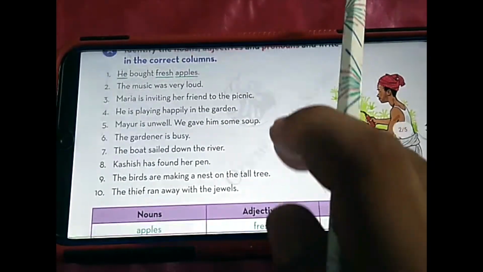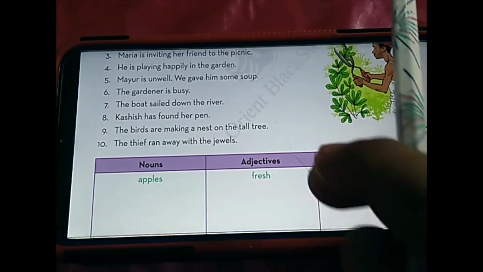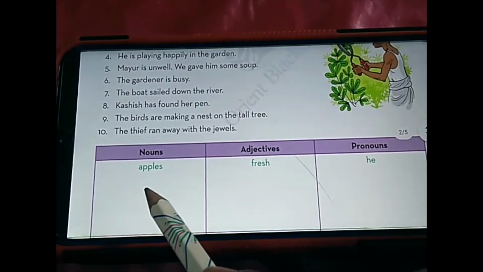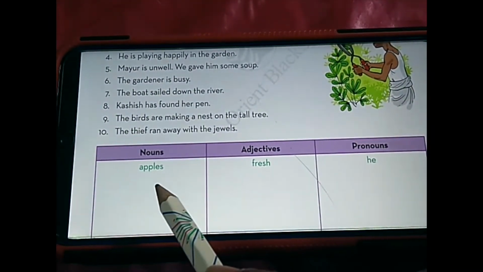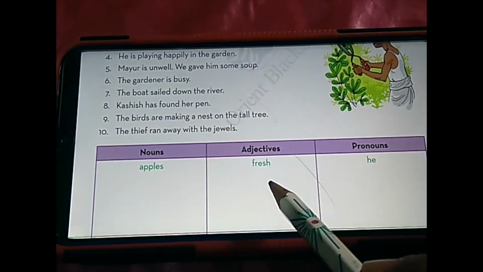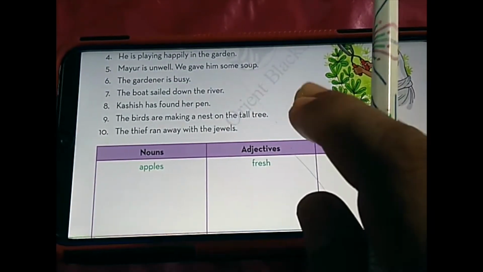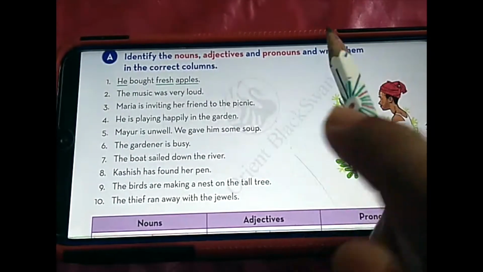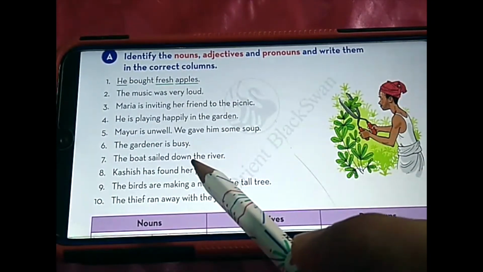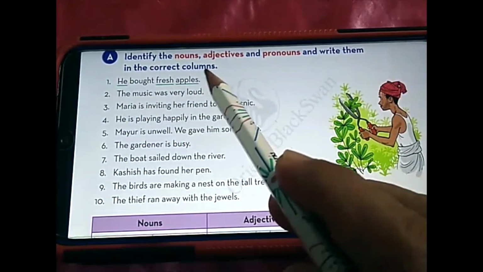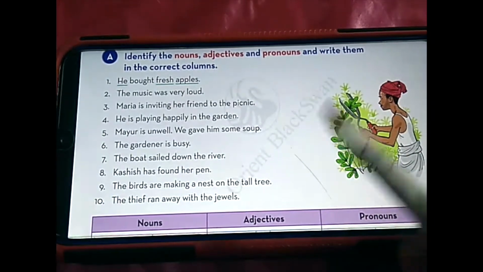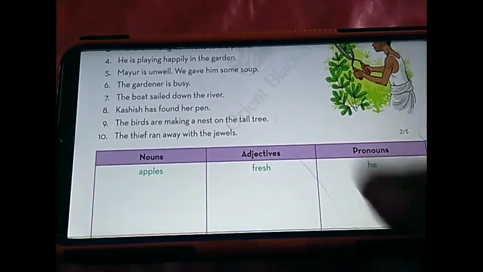So we have to write music in the noun column and the adjective loud in the adjective column. Similarly, you have to write all these nouns, adjectives and pronouns in their right columns.